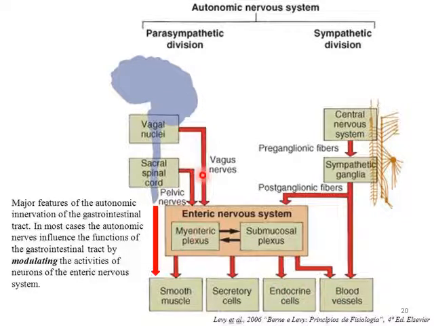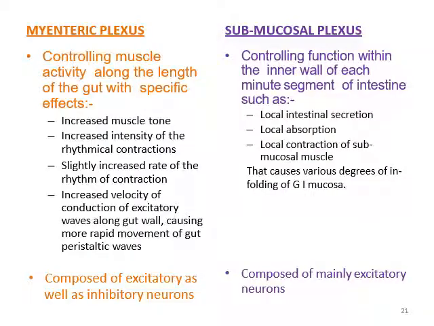Then you have the vagus, the craniosacral outflow, and then the sympathetic division. If you remember, from T5 to L2 the sympathetic ganglia, through the celiac and all these ganglia, the mesenteric ganglia, provide innervation, and all this is just to modulate the activity of the enteric nervous system.